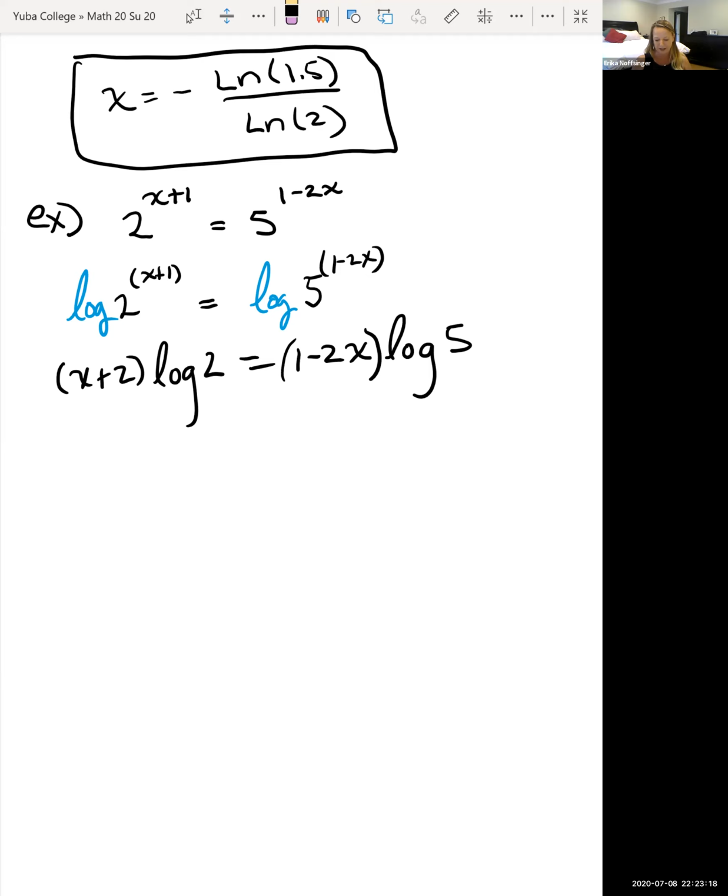Doesn't look very pretty. Technically though, these logs of a number are just constants. It's some 10 to what power is 2. So we can treat it like a constant, or even like a variable. Let's distribute it. So we have to distribute it to both terms.